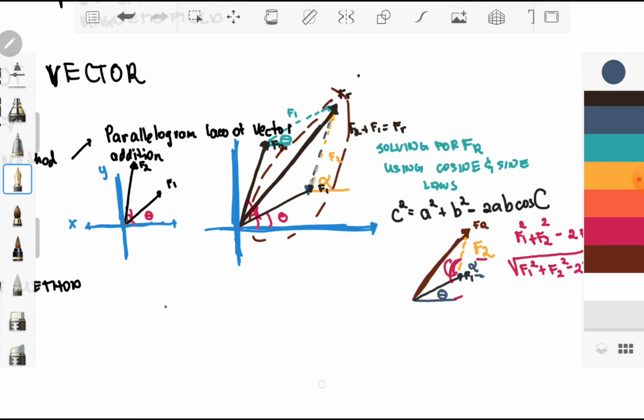So if you are projecting your vector into its graphical form, let's say this will be your F1, it must touch the tail of your F2.